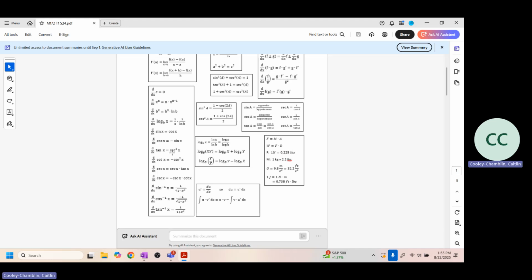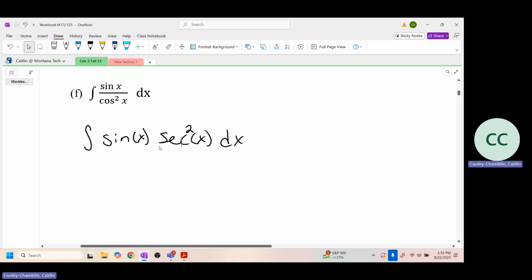I see secant squared, but not attached to a sine. I see a secant and a tangent that has a secant in it. So let's see if we can manipulate it to get to one of these two. That's kind of where I'm trying to go. So we can't really do much here.